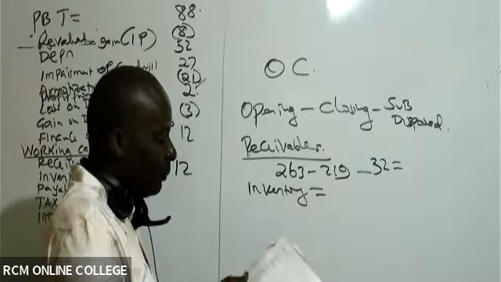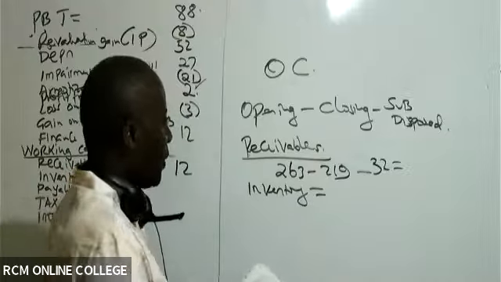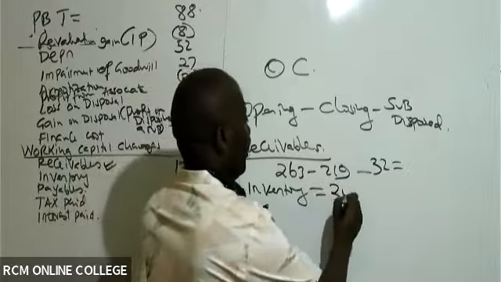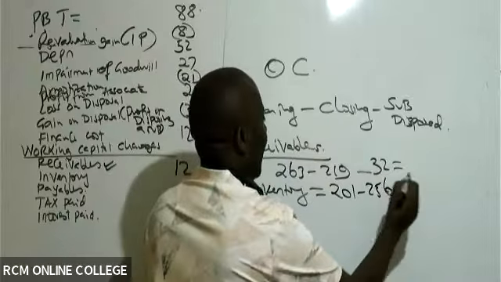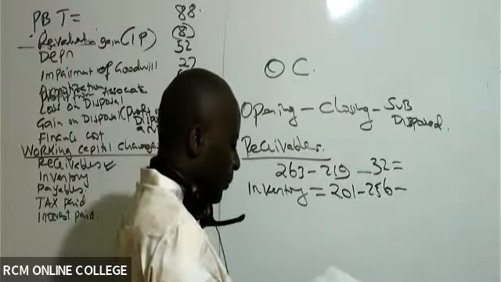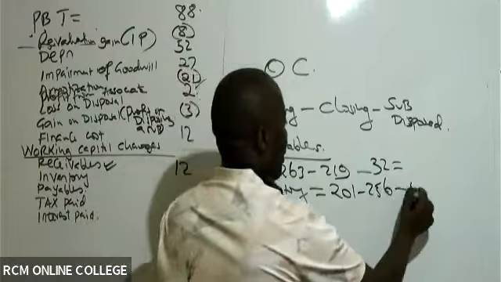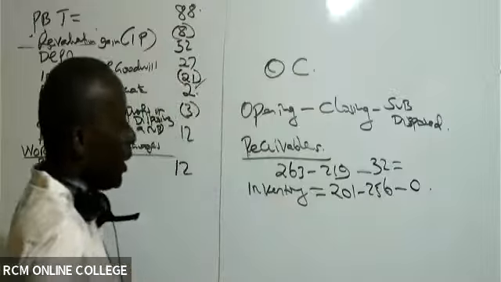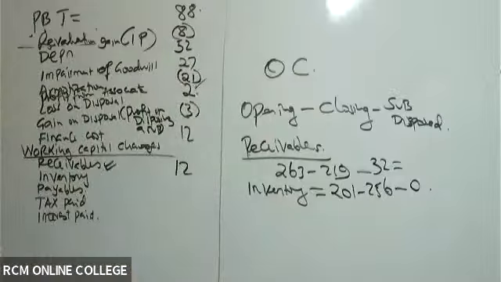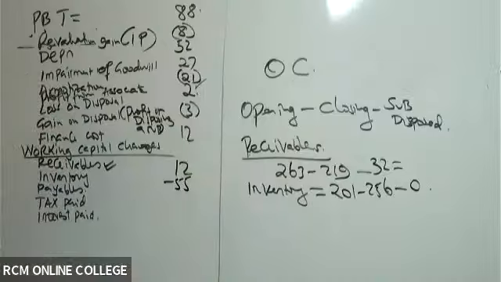How much do we have there? Yeah, 201, 256, minus the disposed subsidiary, it doesn't have any inventory. No inventory there, 0. So then this will give me what figure? Minus 55. You bring it with a sign without reasoning.